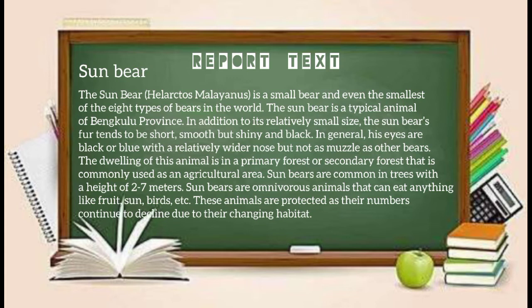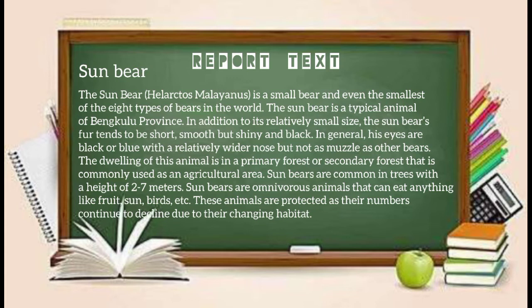but not as long a muzzle as other bears. The dwelling of this animal is in a primary forest or secondary forest that is commonly used as an agricultural area. Sun bears are commonly found in trees with a height of 7 meters.